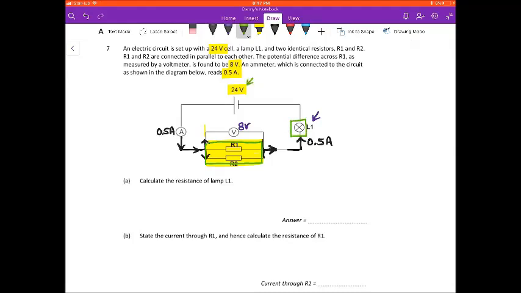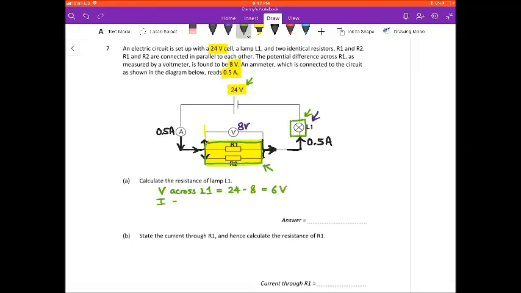So this 24 volt is now being shared by this giant yellow box and this lamp. So therefore, the V across L1 is actually equal to 24 minus 8, which is about 6V. And I also know the I that runs through L1, which is 0.5 ampere.